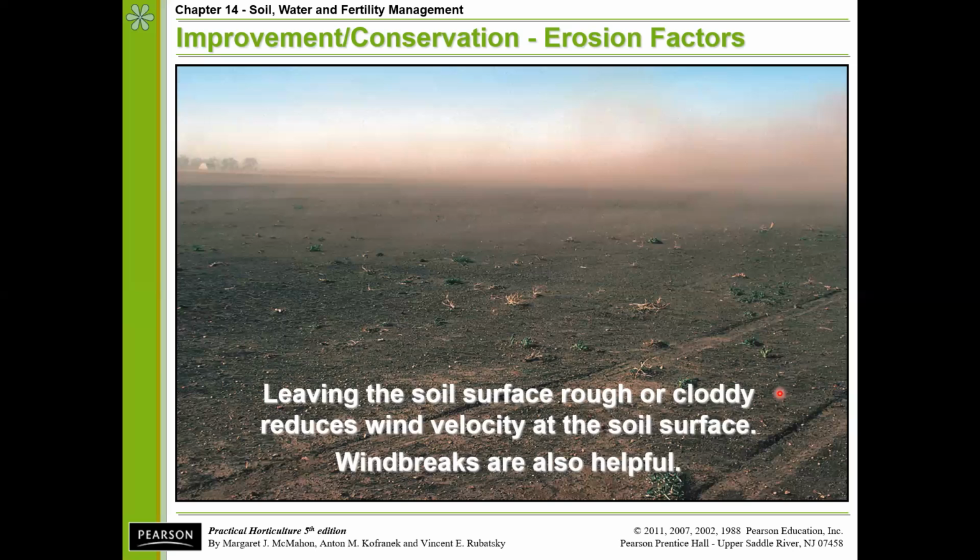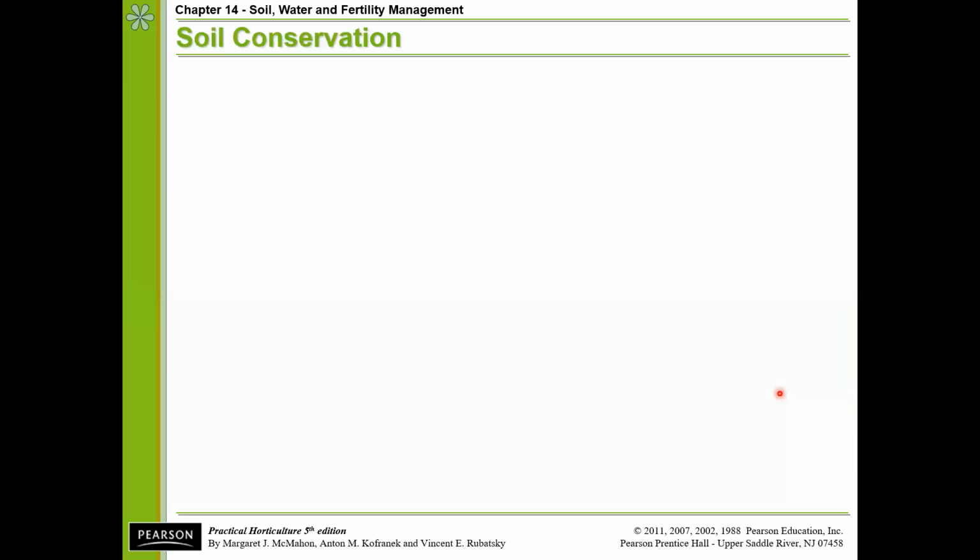Dust storms are pretty prevalent in the Midwest as well as the Southwest, where you have dry conditions and high winds. And that is loss of soil. It's also erosion.